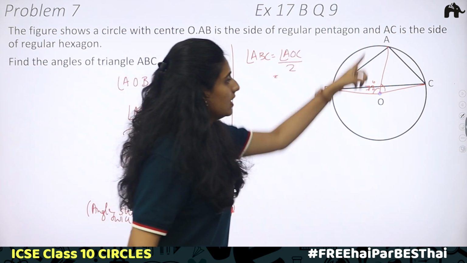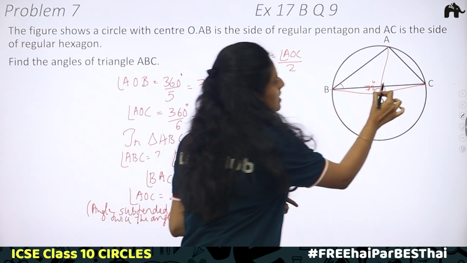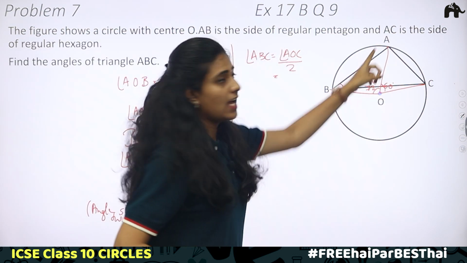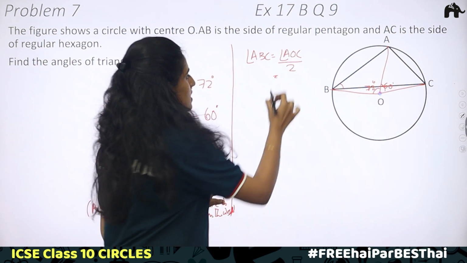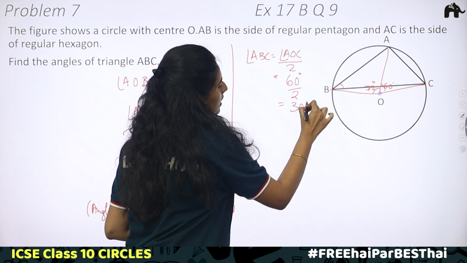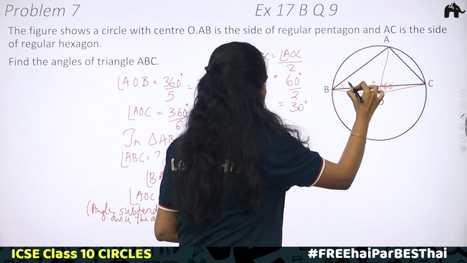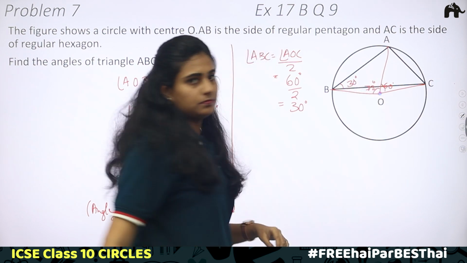We have determined AOC is equal to 60 degrees. Therefore, 60 degrees divided by 2 is equal to 30 degrees. We found ABC. ABC is 30 degrees.